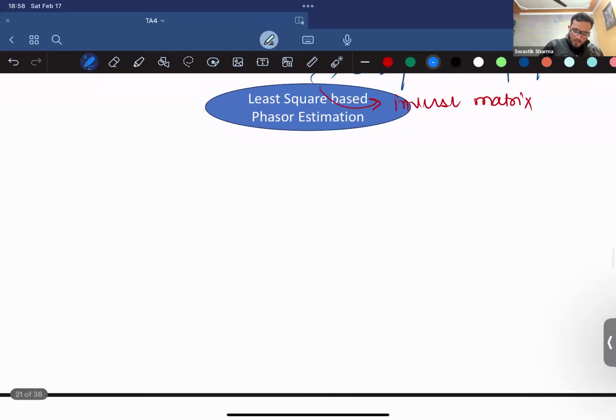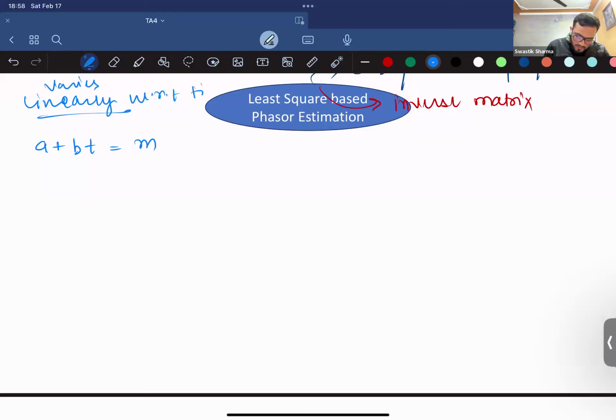So what you do is, you know the relation. Let's say this is something you are trying to calculate. You know that the variable varies linearly with time for the measurement.